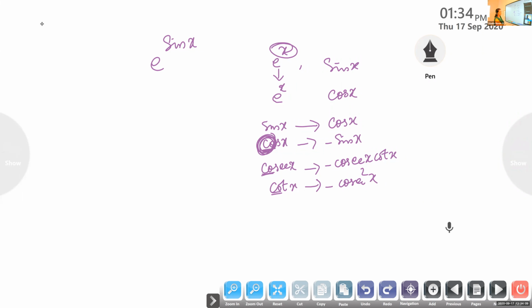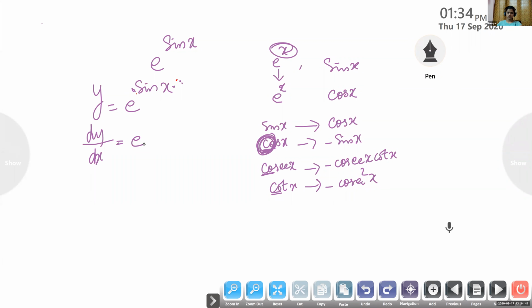Now here, e raised to sin x. Here we have e raised to x as one function, and sin x as another function. First I'm naming this as y is equal to e raised to sin x. So what will be dy by dx? What is the derivative of e raised to x? It is e raised to x.